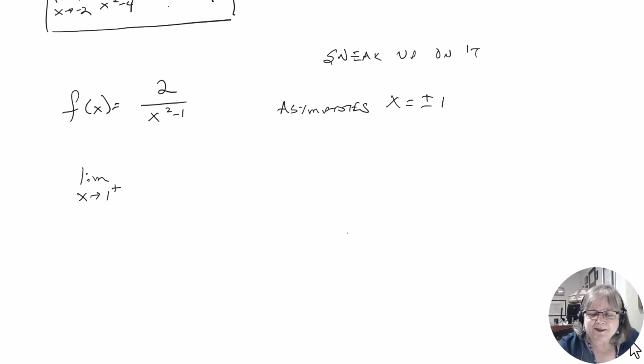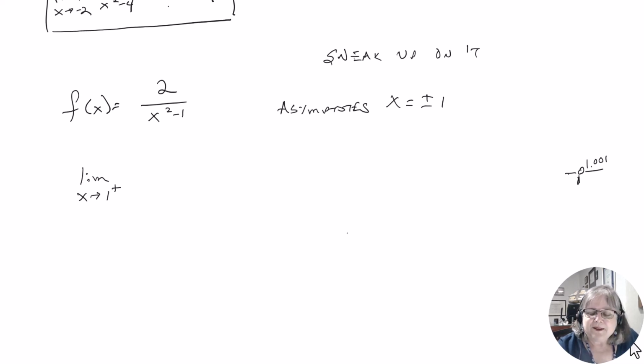So I am going to sneak up on 1, just the number 1. So I want a number really close to 1 that's on the right-hand side. That doesn't mean 2 or 5 or not even necessarily 1.5. I want a number that's really close, like 1.001, something like that.